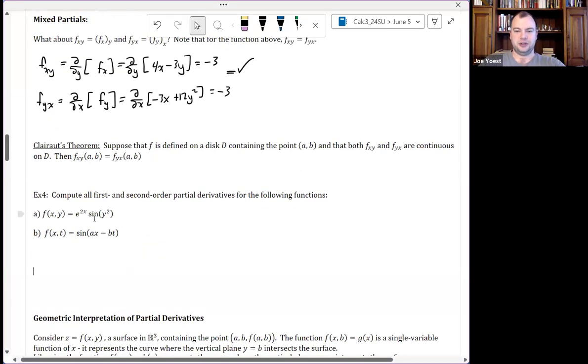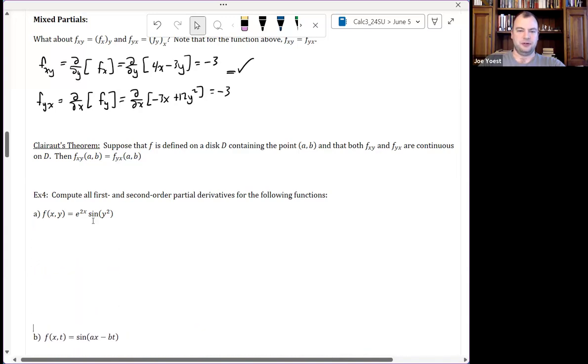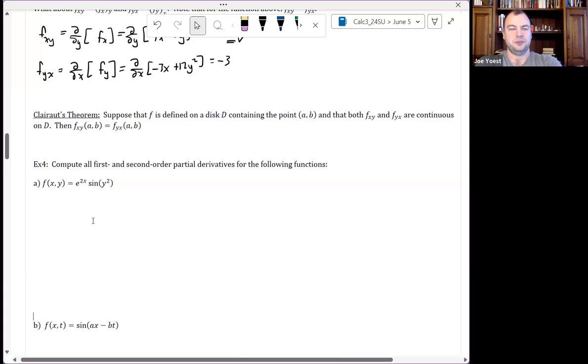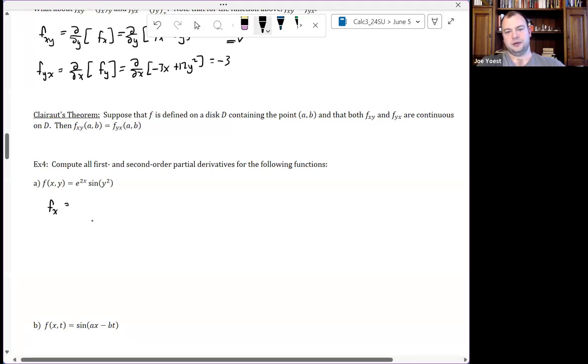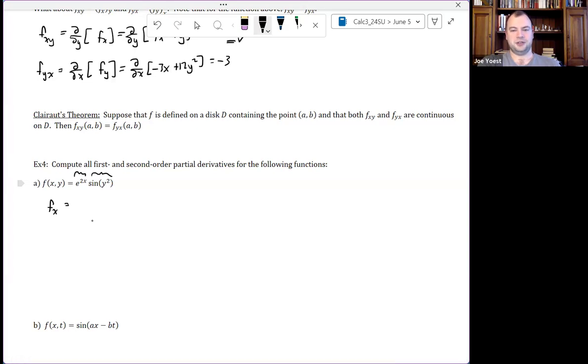Okay, so let's look at these two examples. For A and B, we'll compute all first and second order partial derivatives for these functions. So we'll have two first order derivatives, f_x and f_y, and we'll have three second order, f_xx, f_yy, and f_xy, which will be just the same as f_yx. So df/dx, I see that nicely enough, this is a product of two functions, where one only has x's and no y's, and the other only has y's and no x's.